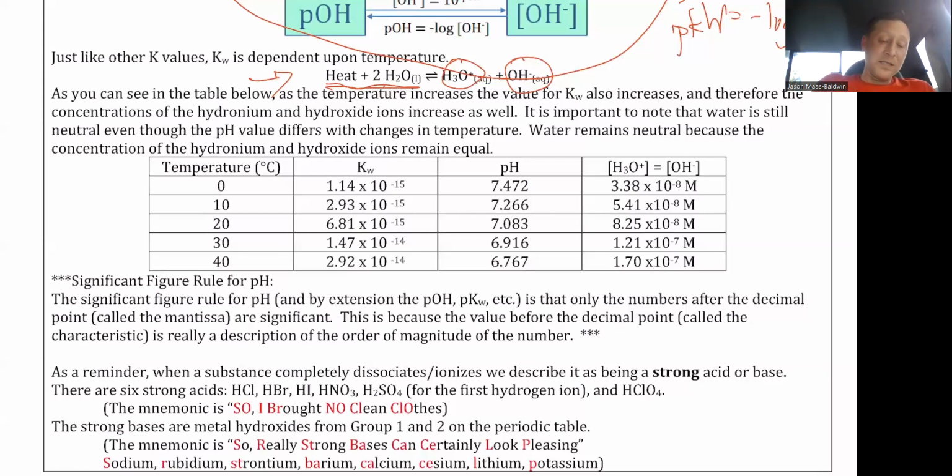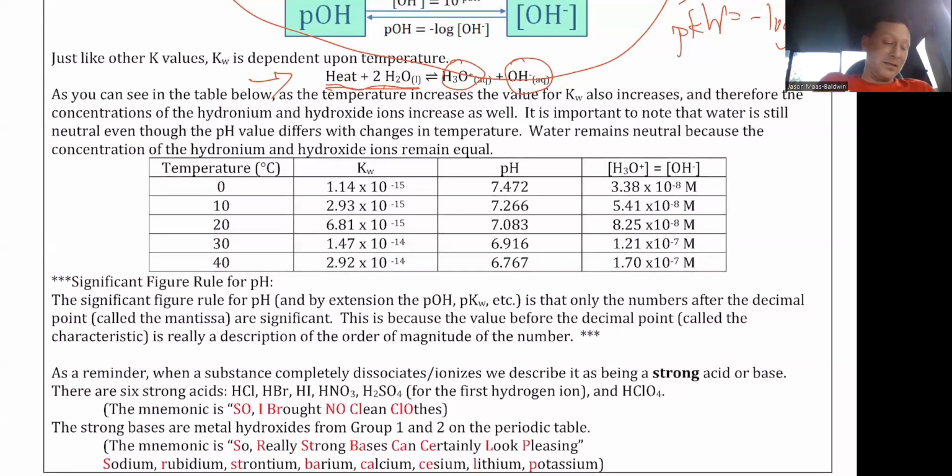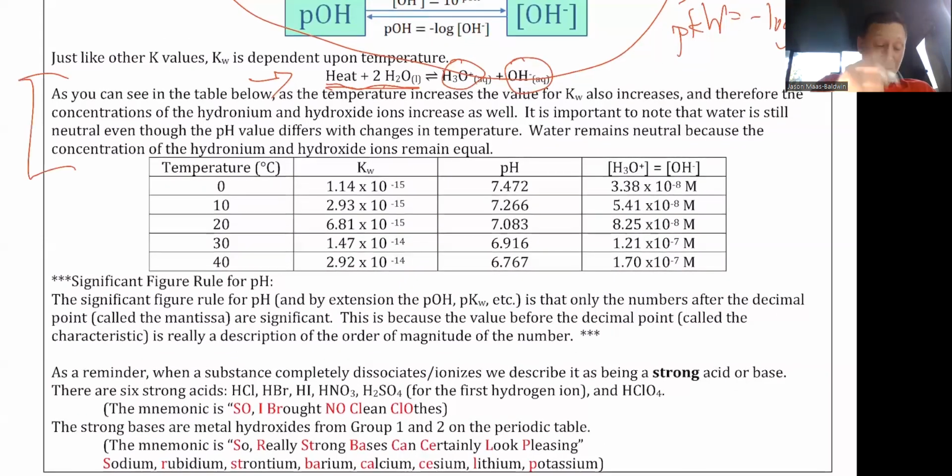And so here we see what is written, and this is pretty much just summarizing that in this paragraph. And then here we can see, as water goes from 0 to 40 degrees Celsius, the H3O plus and the OH minus concentrations go from 10 to the minus 8th to 1.7 times 10 to the minus 7.